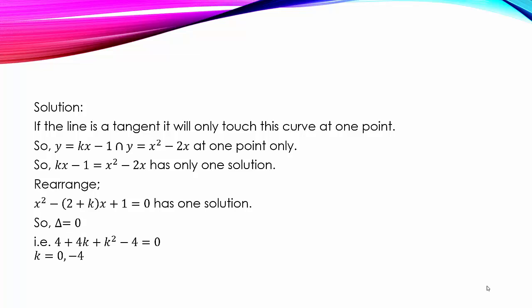When I rearrange that, I get the quadratic x squared minus (2 plus k)x plus 1 equals 0. I'm going to pause here so you can see how I got that. Use a pen and paper, get it for yourself. If I only want one solution, I want my discriminant equals 0. This means that k can either be 0 or negative 4.